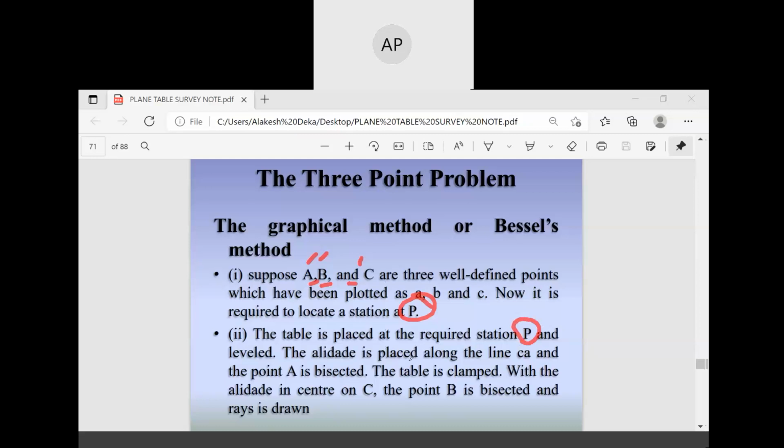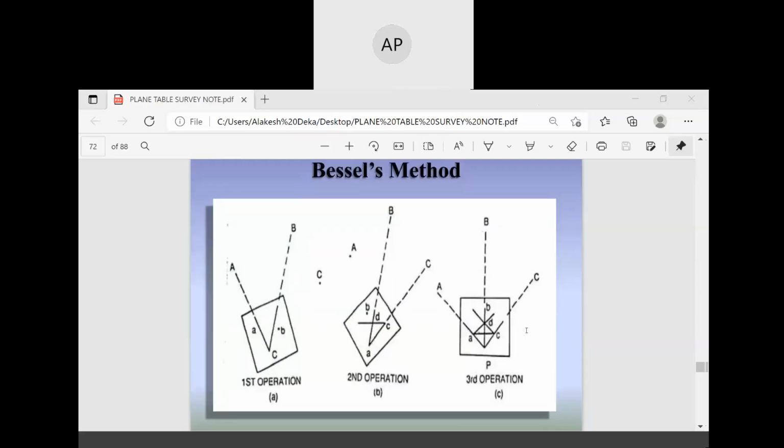The LED is placed along the line CA and the point A is bisected. The table is clamped with the LED center. Then the point B is bisected and the ray is drawn. So from position A, we have to bisect all the points. This is your first operation, this is your second operation, and that one is the third operation.